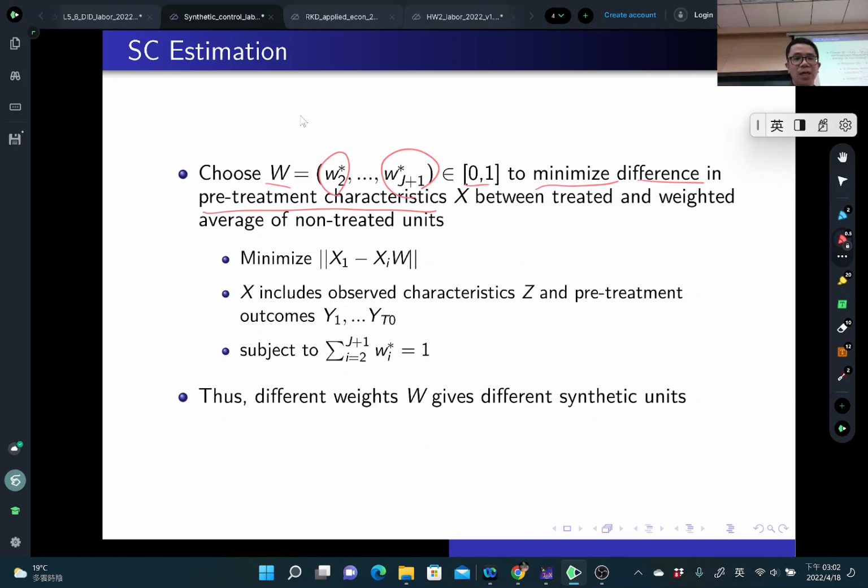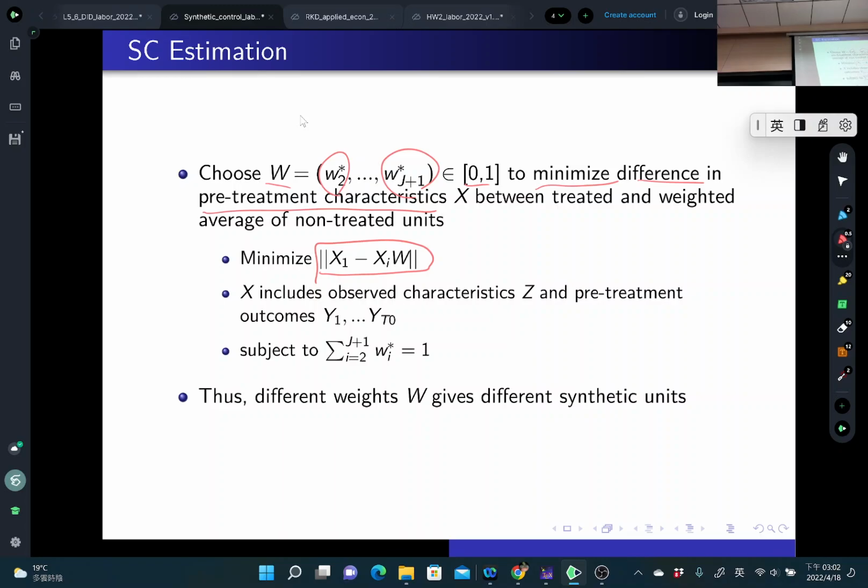So basically, we want to minimize this. This is the distance between the treated unit 1's pretreatment characteristics and the others', including the observed characteristics Z I just mentioned, such as the population size of a state or the share of young people. We try to make these characteristics similar to California, the treated unit 1. We try to find some weight to minimize their difference.